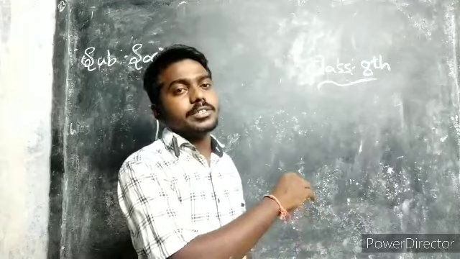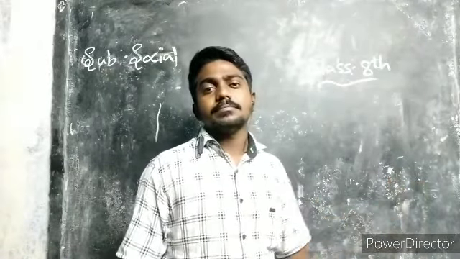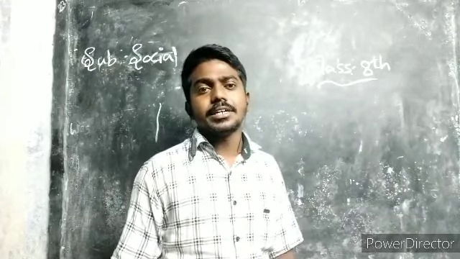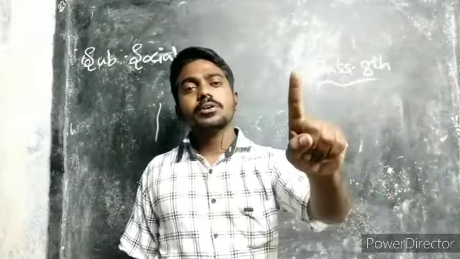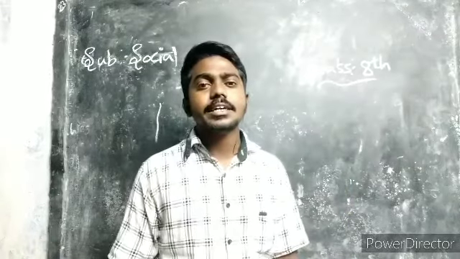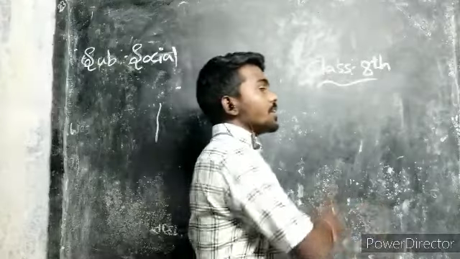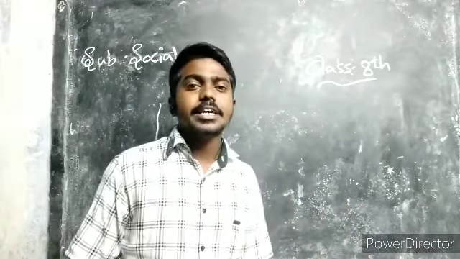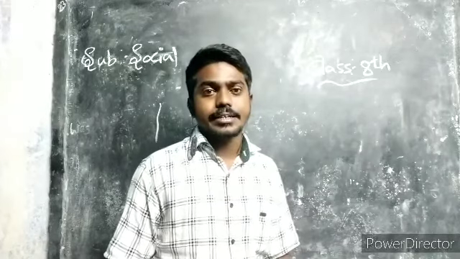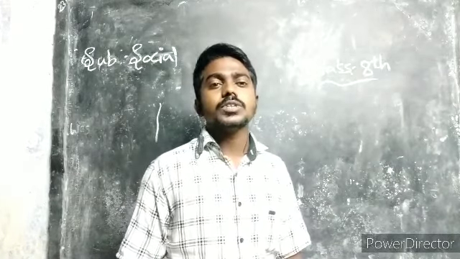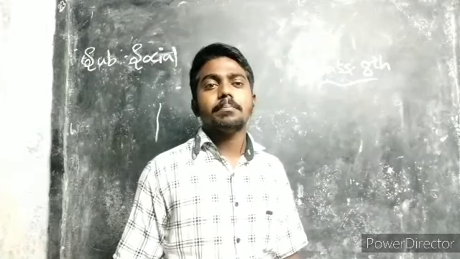Then the density formula is number of people by square kilometers, 1000 by 10. Then for every 1 square kilometer, how many people are there in that area? 100 people are there. Similarly, I told the density of India is 382 and density of Telangana is 308 according to the 2011 census. Census means counting the people.